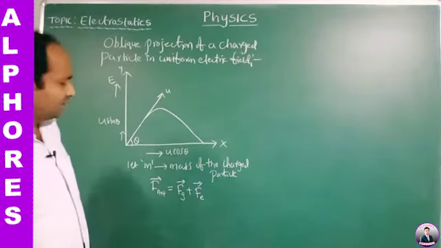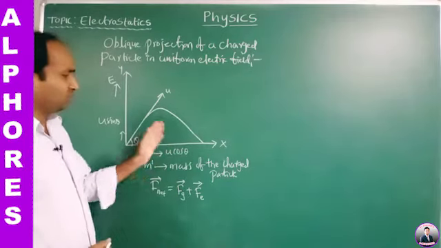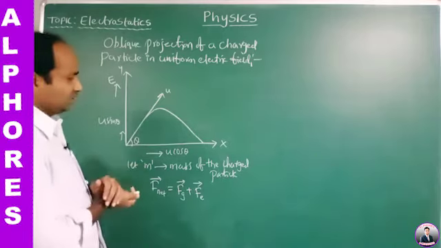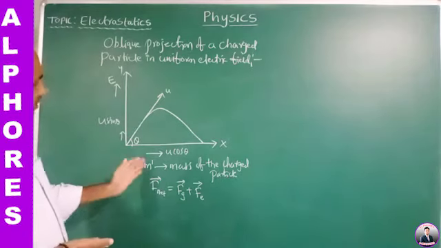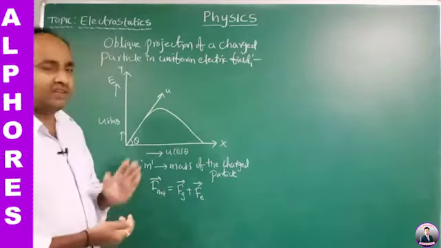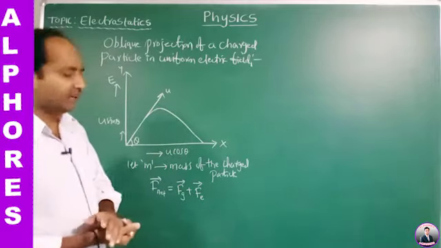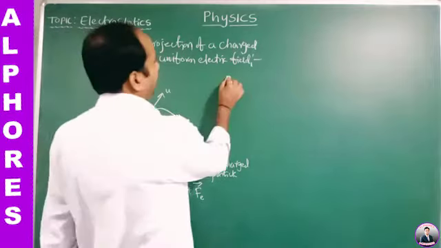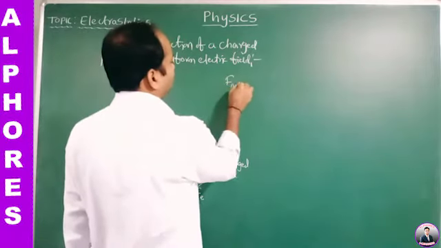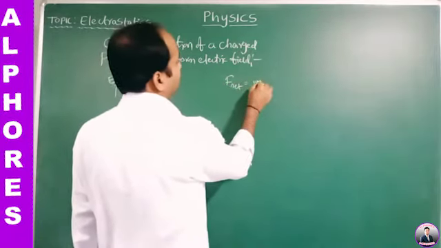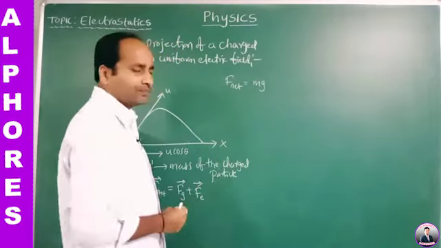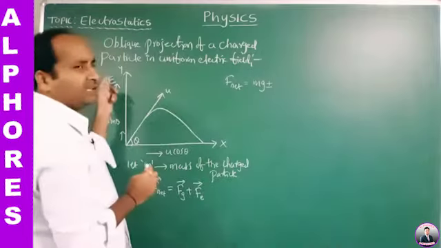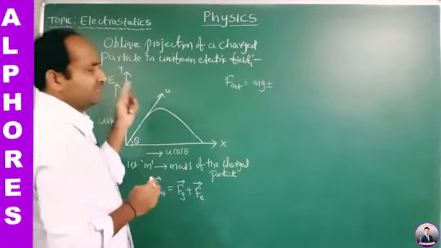A vector sum means we should consider the angle between Fg and Fe. Suppose a charged particle is projected, and we don't know whether it is positive or negative. The magnitude of the net force F net is equal to, the gravitational force is mg, and the electric force depends on the direction of the electric field, which is upwards.